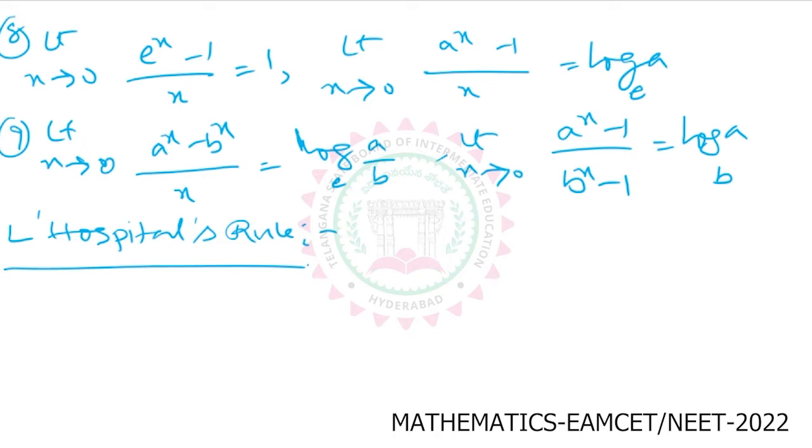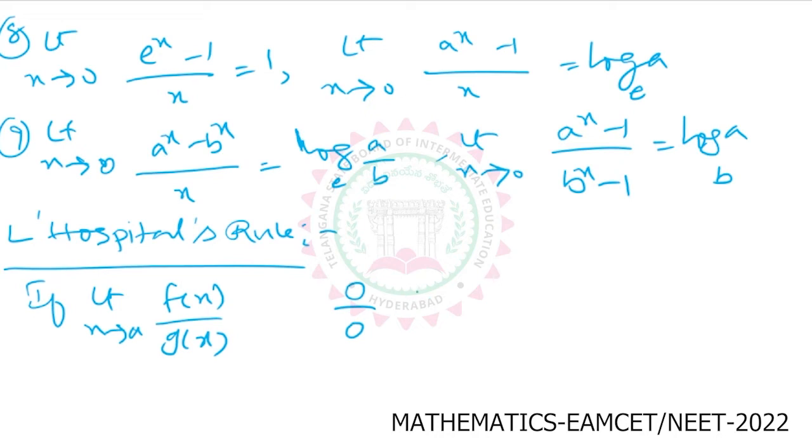When I use this formula, suppose the given limit is of the form f x by g x. And when I apply the limit, I am getting the answer as 0 by 0, right? If limit x tending to a, f x by g x is given, and if I apply the limit, then I am getting the answer as 0 by 0, or infinity by infinity, or any indeterminate form.